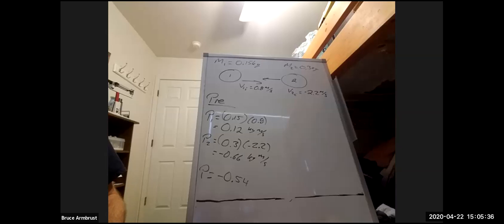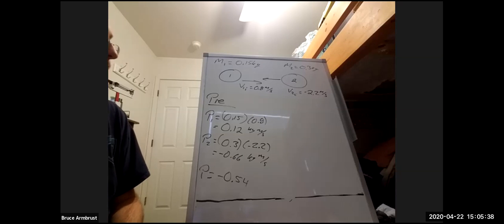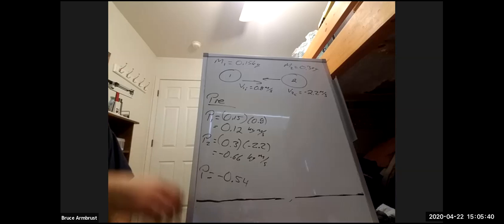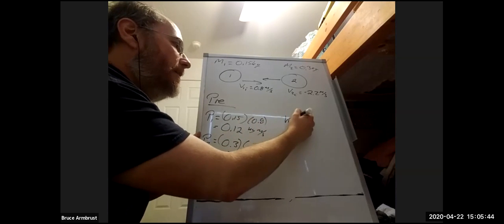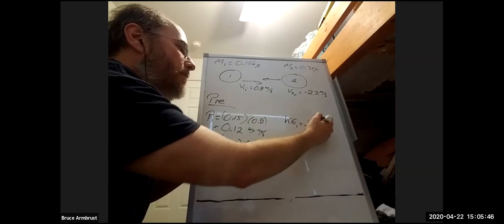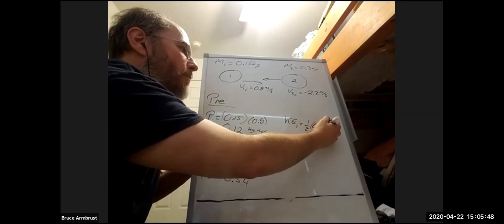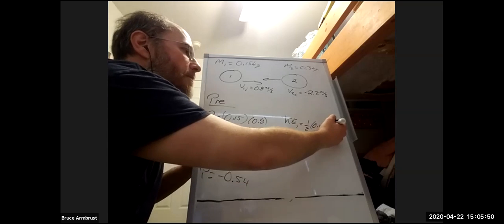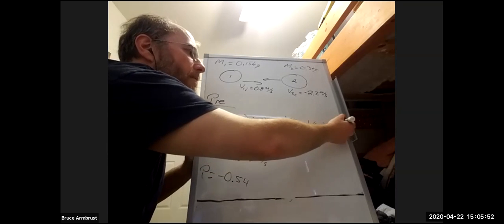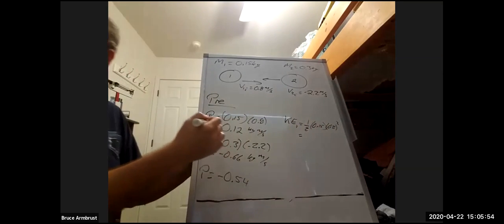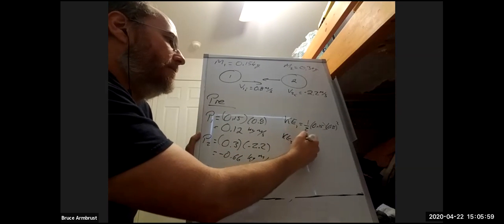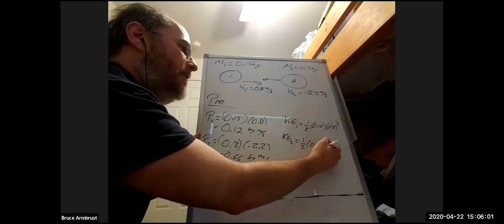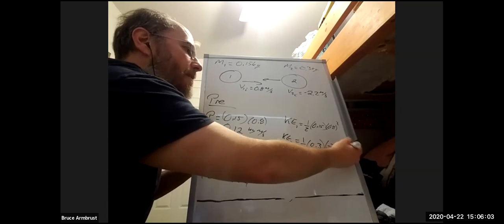But then we're also told that this is an elastic collision, which means our kinetic energy is conserved. So let's get our kinetic energy. So the kinetic energy of the first one is going to be 1/2 times 0.15 times 0.8 squared. And then the kinetic energy of the second one, similarly, we just put in its velocity and mass.